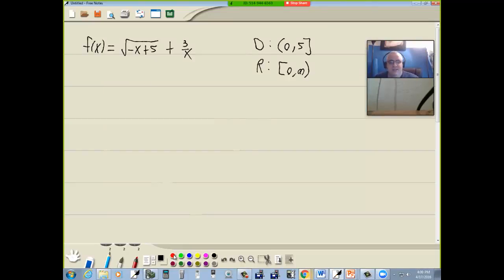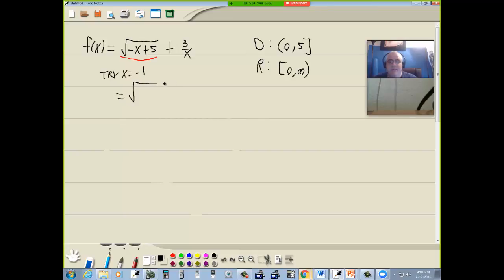If I look at just a portion of this, if I were to try plugging in values, for example, we said it's from 0 to 5, so if I were to try x equal to negative 1, well, I could plug it in for the entire piece.